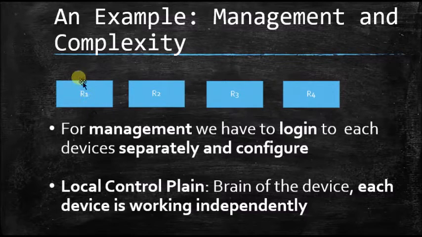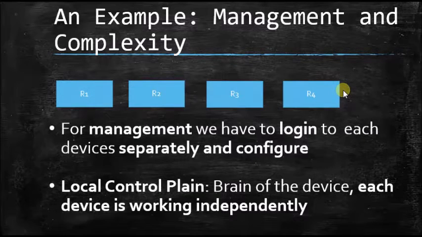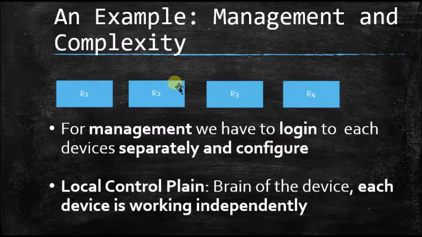So each device will try to find out what the network around it looks like, and they exchange network information among themselves to find out what the network actually looks like. But this is a very inefficient and very complex way of finding the network topology. And even after all this effort, none of the devices is able to have the complete picture of what the network looks like.